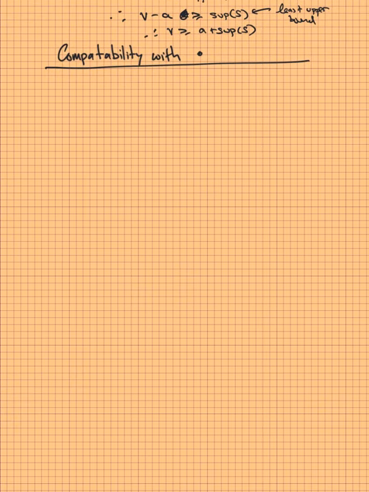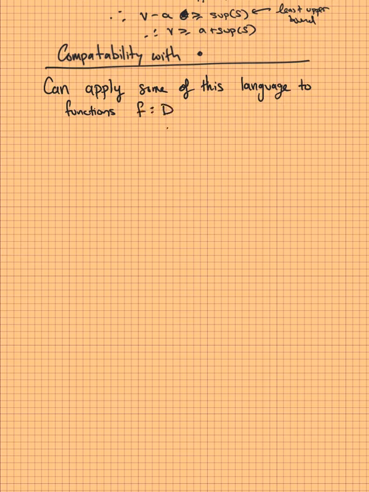Let me say one more thing, and then I'll stop here. We can also apply some of this language to functions. Maybe I should be a little more specific. You can have any domain D, this can just be a set.